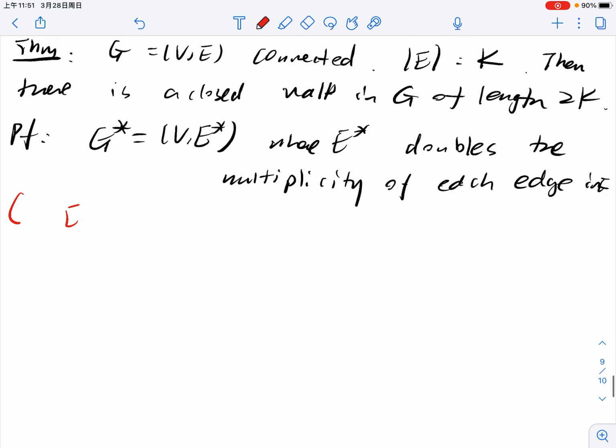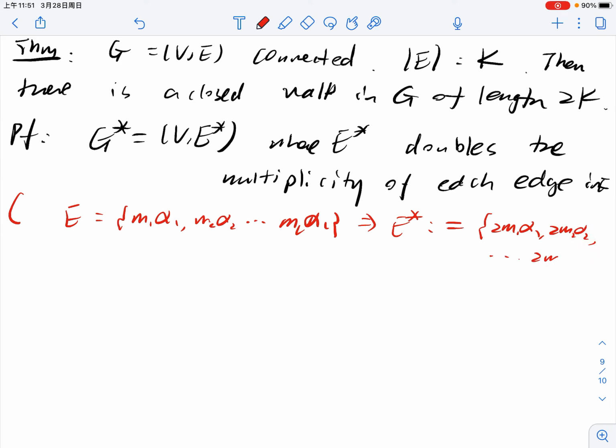This means if E is m1 alpha 1, m2 alpha 2, up to mL alpha L, then you define E star to be 2 m1 alpha 1, 2 m2 alpha 2, up to 2 mL alpha L. Then you see G star satisfies the condition that each vertex has an even degree, and then you can apply the theorem, which guarantees a closed Eulerian trail.